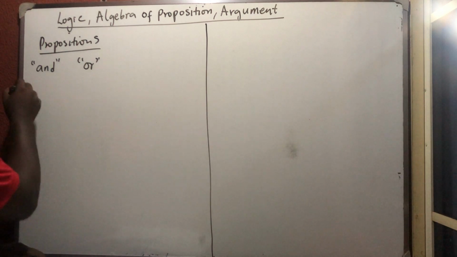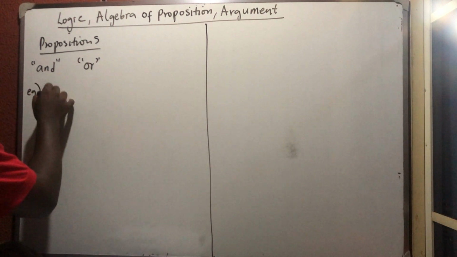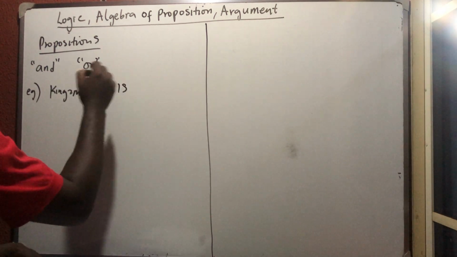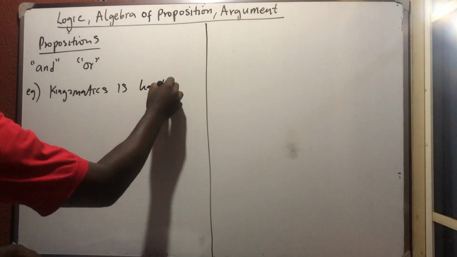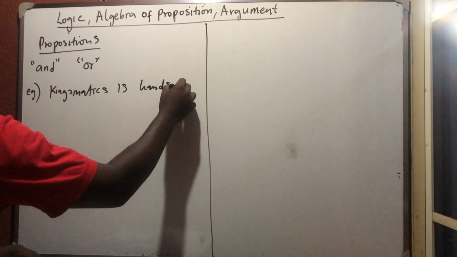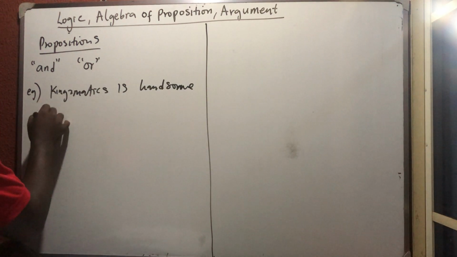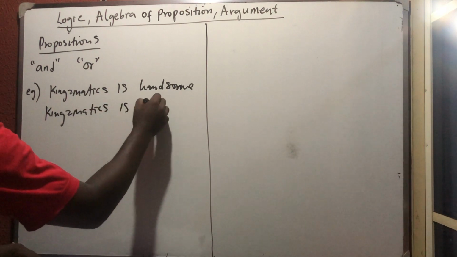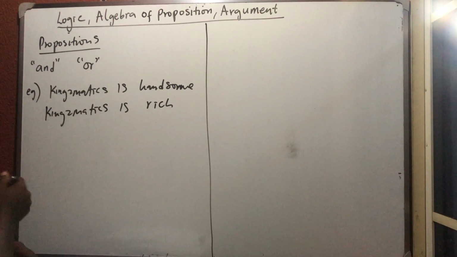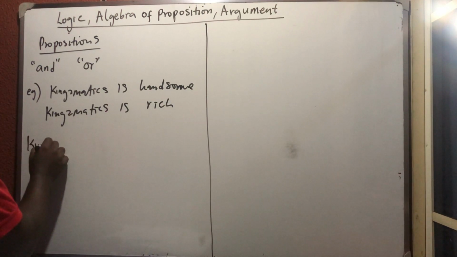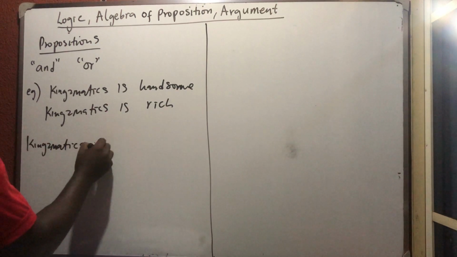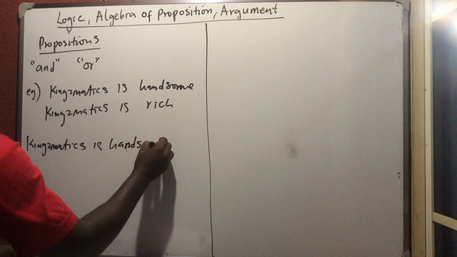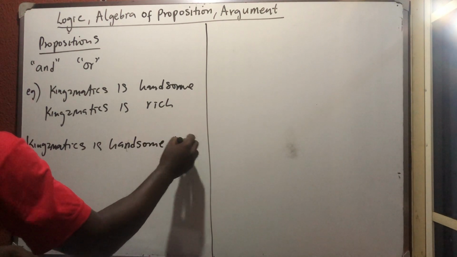An example to that is: Kingsmatics is handsome. Then another one: Kingsmatics is rich. Now, if I want to combine these two, I will say Kingsmatics is handsome and rich.